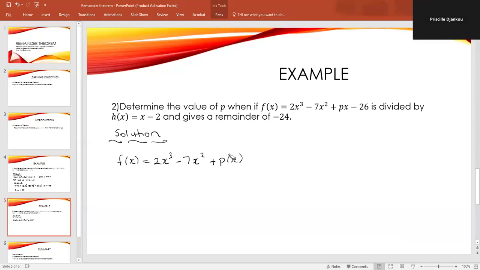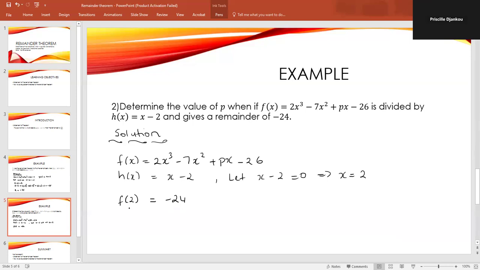It is p times x, not p of x. P times x, okay? Minus 26. So our divisor is h of x equals x minus 2. So we let x minus 2 equal 0 to obtain the value of x. This implies x equals 2. This implies f of 2 equals minus 24 according to the remainder theorem.